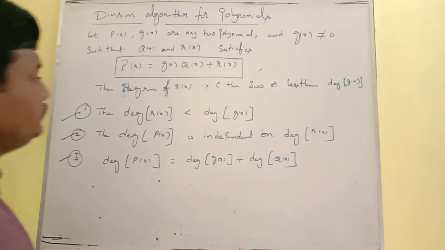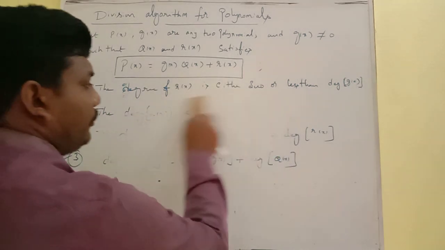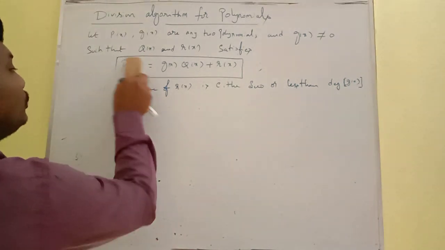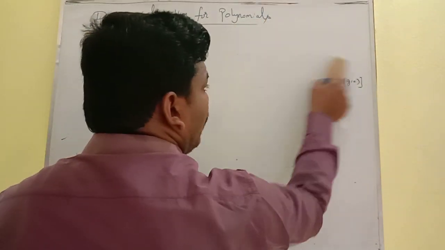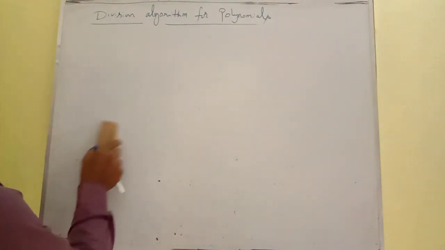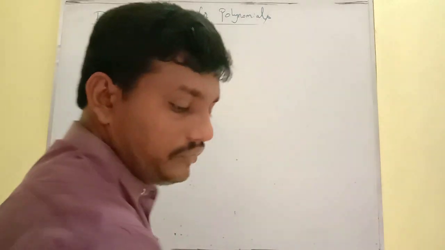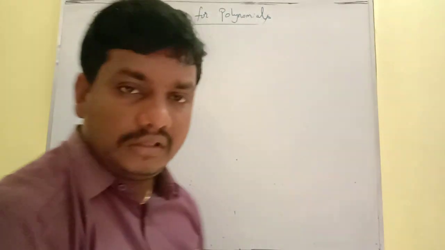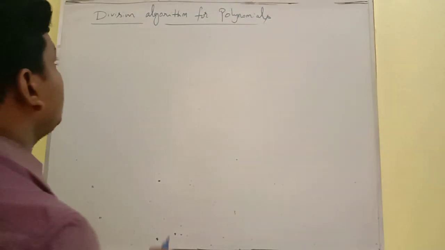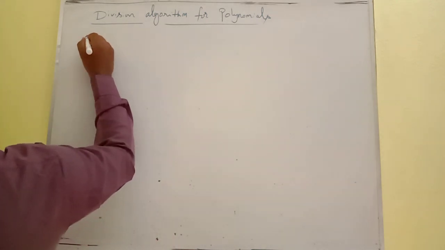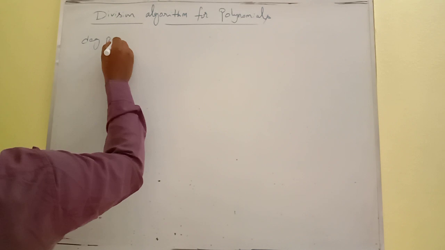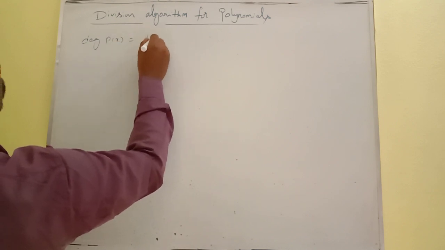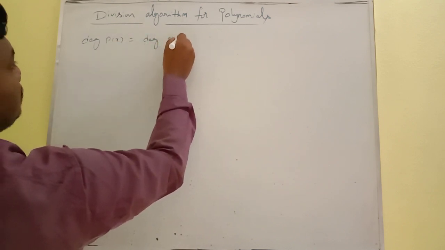Okay. Now next we are going to discuss how to give your own examples for the polynomials. So now let us see the condition first: degree of p of x is equal to degree of q of x.